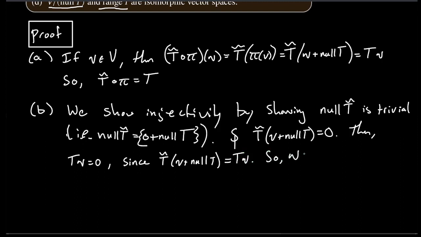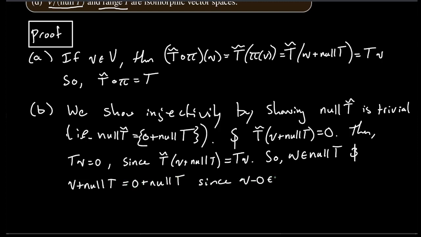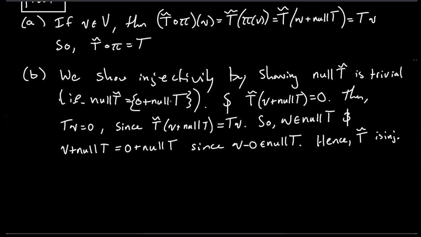So, v is in the null space of T, and v plus null T is equal to 0 plus null T. That is, since v minus 0 is in the null space of T. Oh, okay. Hence, T tilde is injective. That is, its null space is just 0 plus null T.